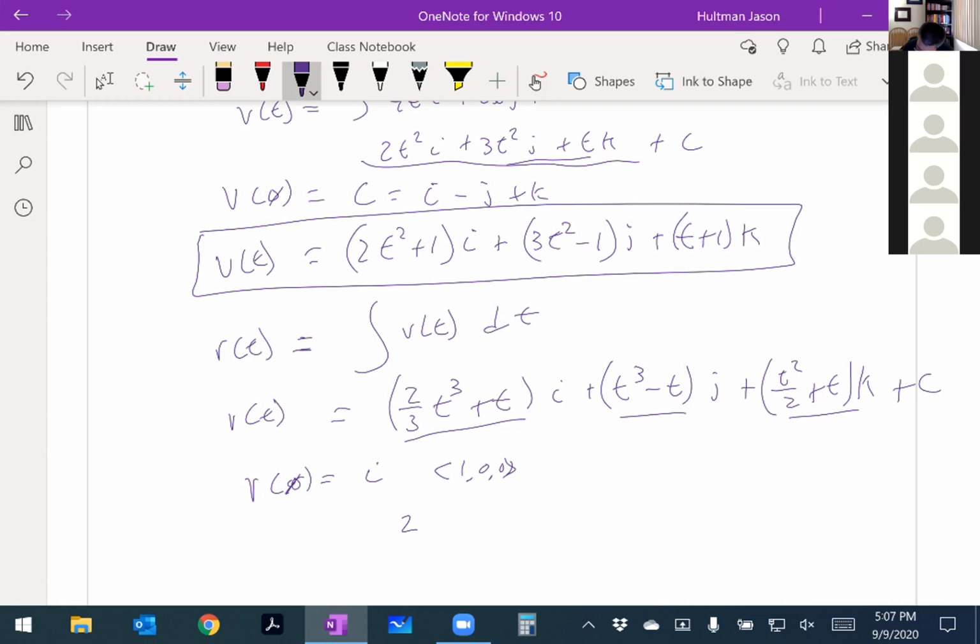So that means that it's 2/3 t cubed plus t plus 1 i plus t cubed minus t j plus t squared over 2 plus t k is r of t, using those initial conditions.